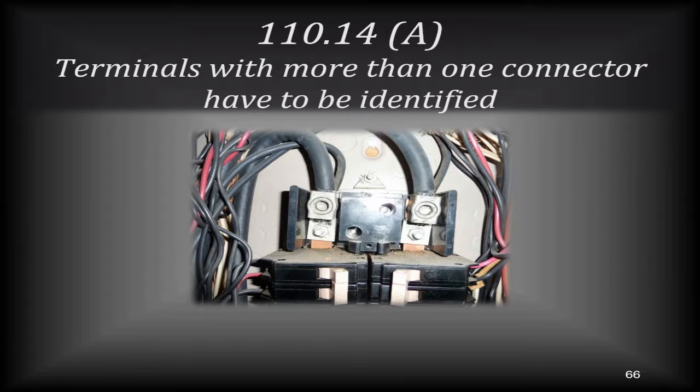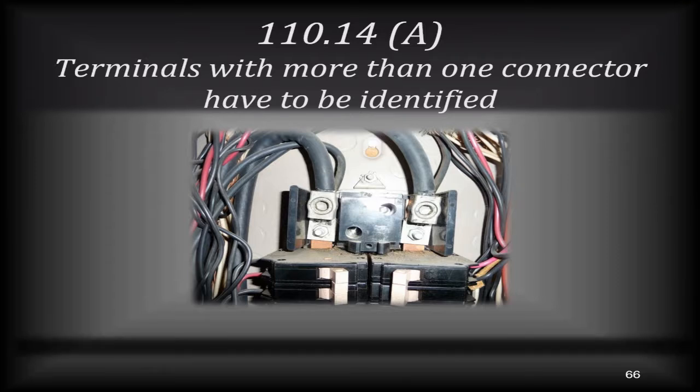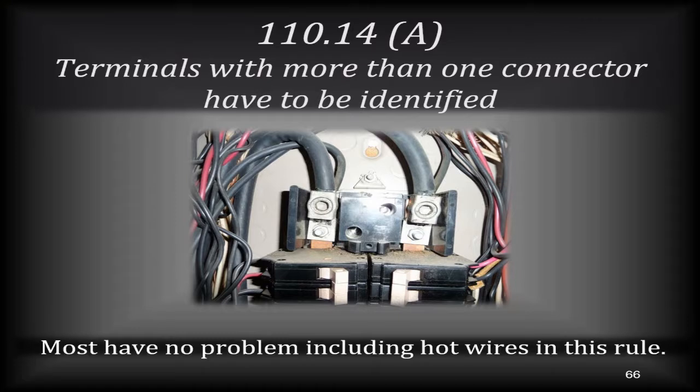Here's another example. Most people don't have a problem including the hot wires in this rule either. Okay, so if you look, terminals for more than one conductor and terminals for aluminum shall be so identified is actually pointed out in this section of code, 110.14(A).